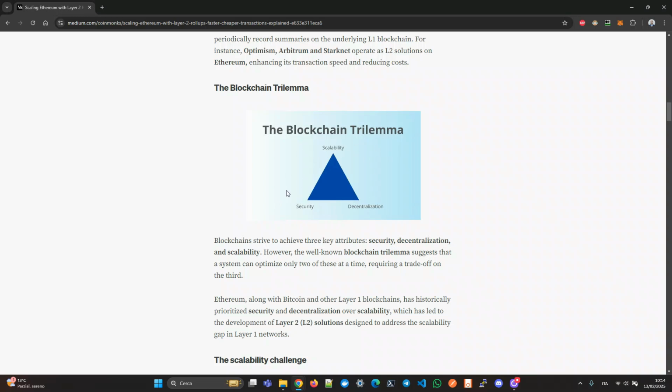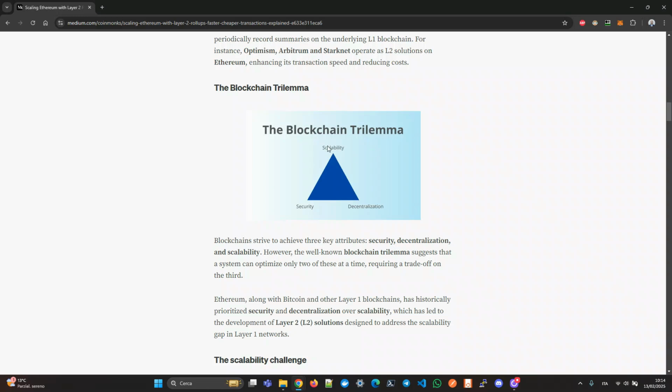For example, Bitcoin and Ethereum prioritized security and decentralization over scalability. And this is the main reason why layer 2s have been created, to address the third problem.